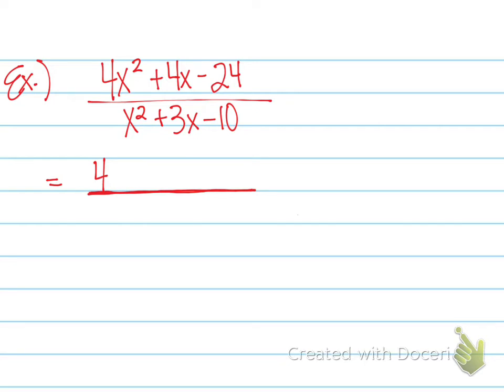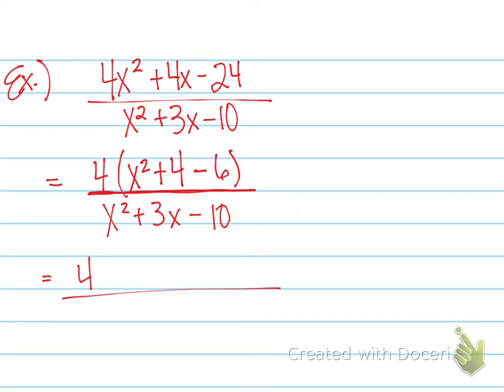So we can factor out a 4, and we just have an x squared plus an x minus a 6, because 4 times negative 6 is negative 24. So now I'm just going to bring my bottom down. All right, I'm going to keep factoring. So we can't factor out this 4, so we just bring it down.